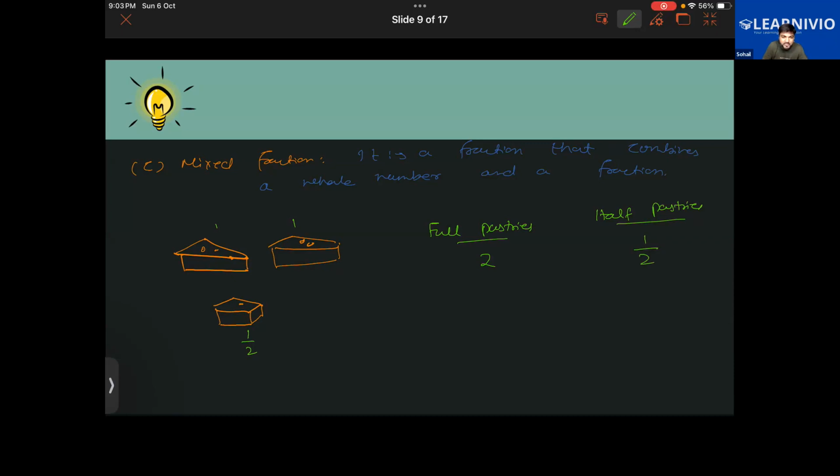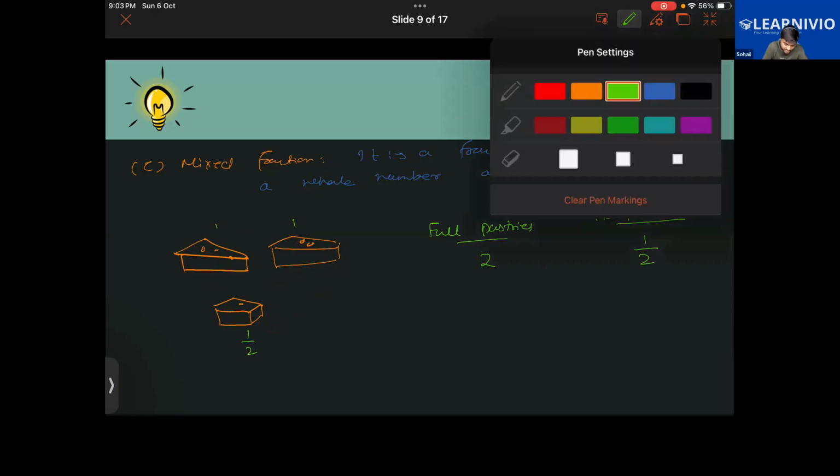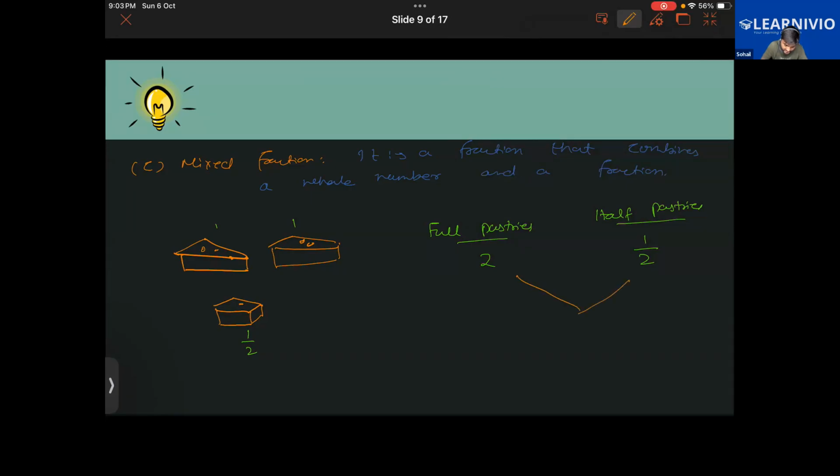Now, in a combined manner, if I have to represent all of this together, I am going to write it in the following manner: 2 1/2 pastry. Getting it now? So we are seeing that a mixed fraction has 2 parts. One is the whole number, that is 2, and another one is a part, that is a fraction, that is 1 upon 2.